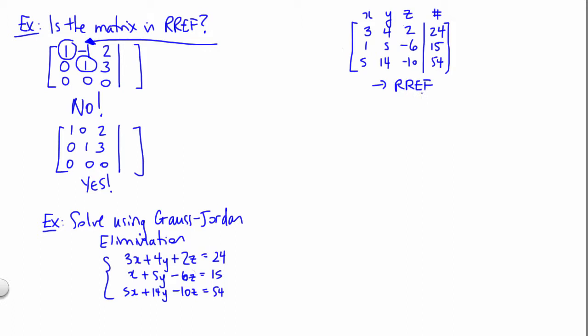So let's apply our elementary row operations. The first thing we want to do is get a 1 in the upper left-hand corner here. There are a few options for how to do that. We could divide the top row by 3, but that would create some fractions here. Probably a lot easier just to swap the top two rows. So let's swap row 1 and row 2.